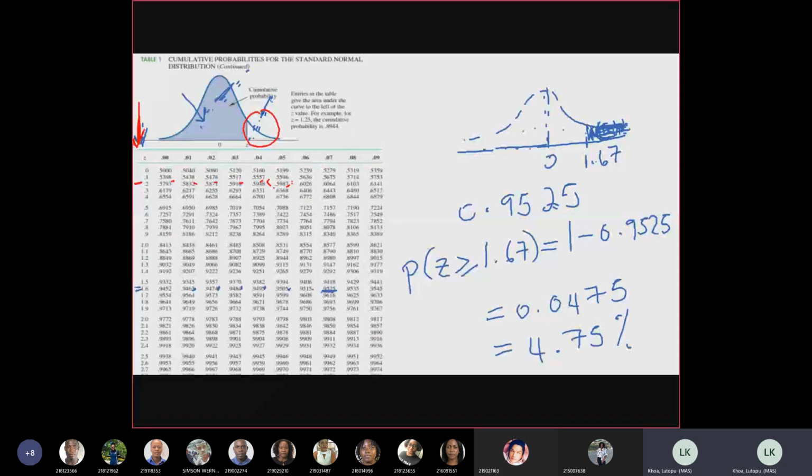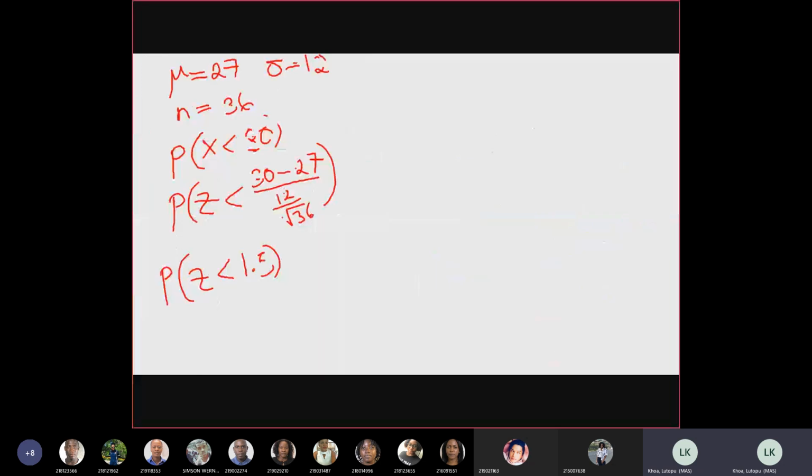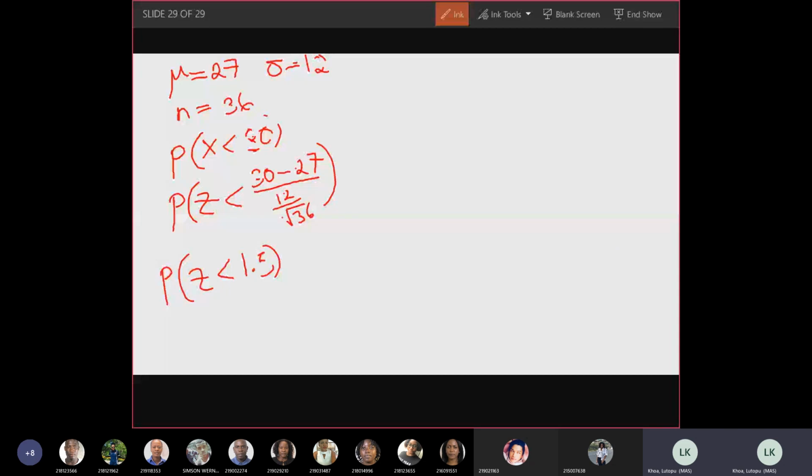Now remember, you need to know what data your table is giving you. You want the probability that Z is less than 1.5.